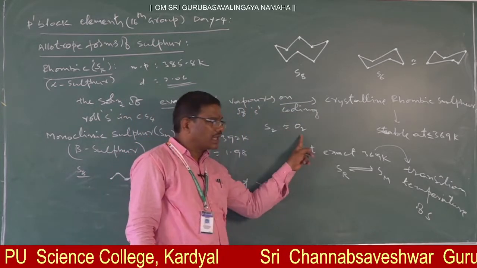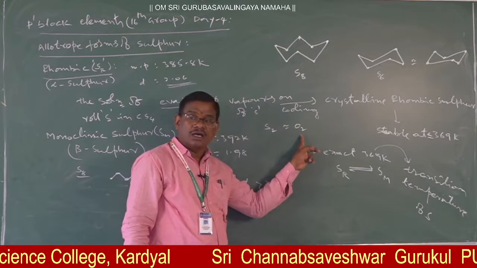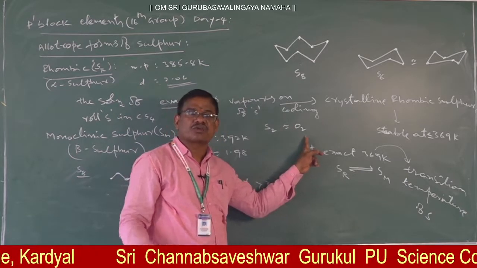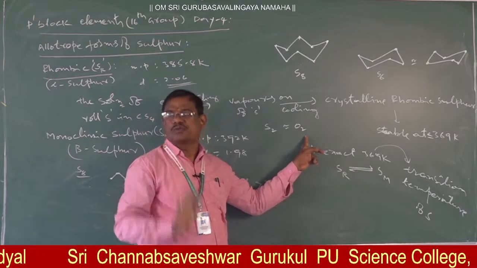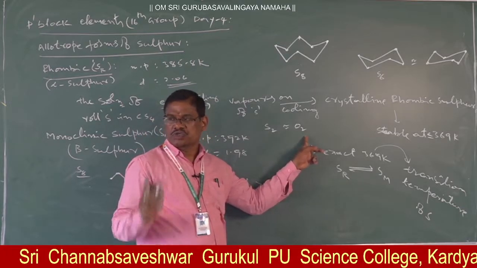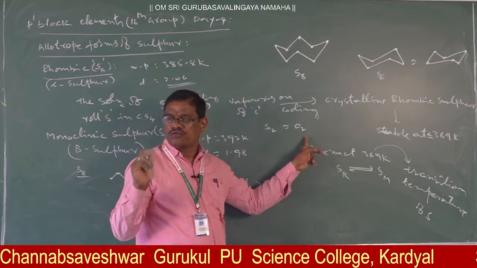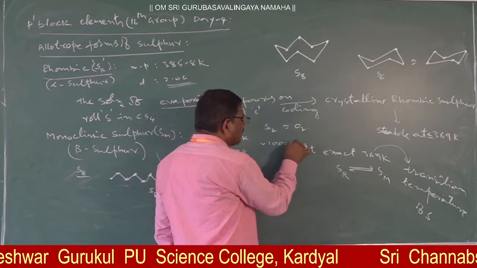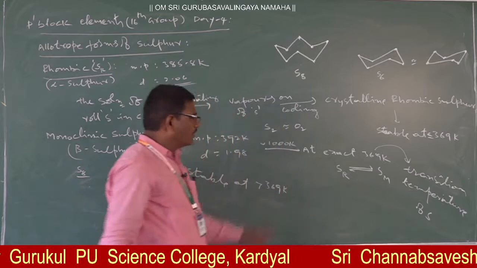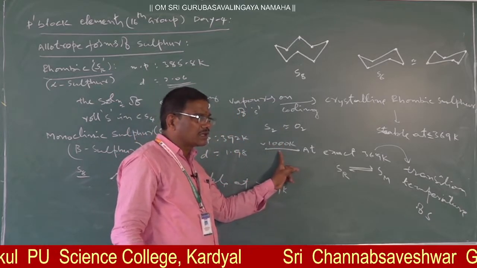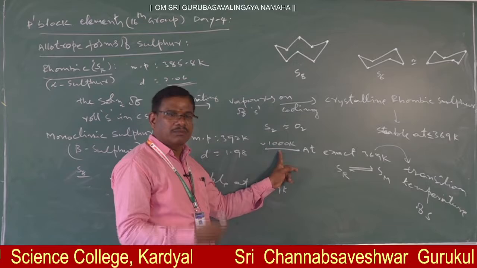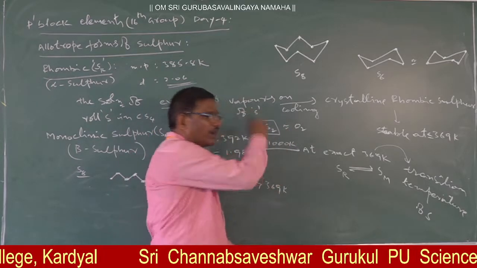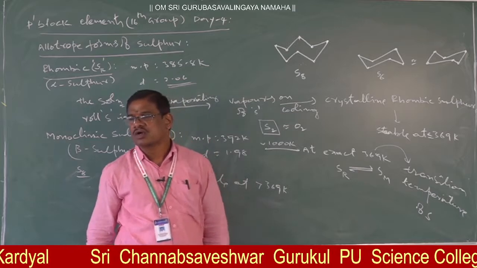When the S6 to S20 allotrope forms of sulfur are heated to about 1000 Kelvin, an important intermediate of sulfur is attained as the S2 form. That S2 form is like the O2 form.